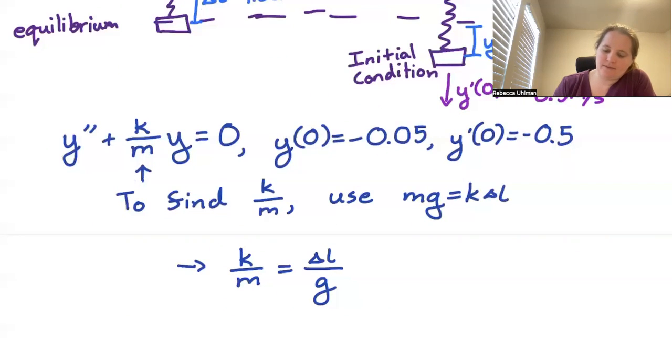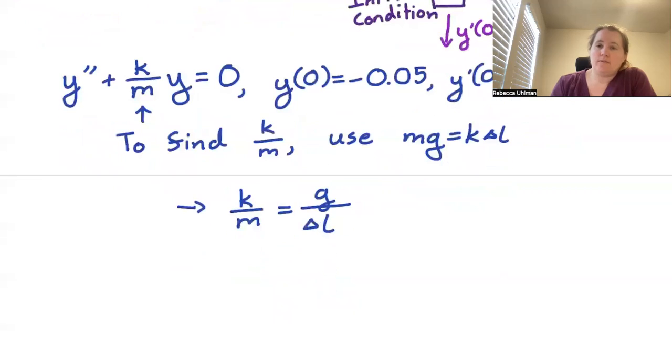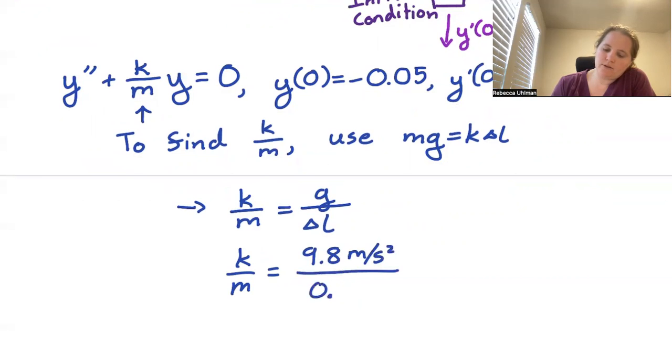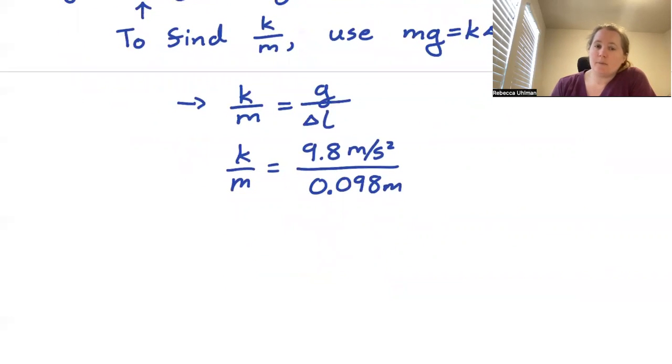Sorry, that's backwards. k over m should equal our acceleration due to gravity divided by our equilibrium stretch. So we have k over m is equal to 9.8 meters per second squared divided by 0.098 meters, right? And so putting this all together, k over m should simply be 100.